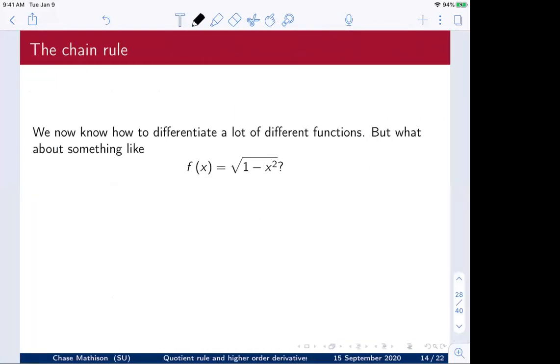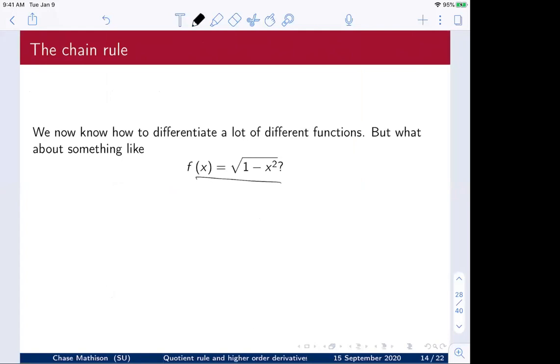All right, so should I start it? Let's start it. All right, so we know how to differentiate a ton of functions, but there's a ton more that we don't know how to differentiate. For example, this pretty simple looking function, we don't know how to differentiate that right now. 1 minus x squared to the 1/2.